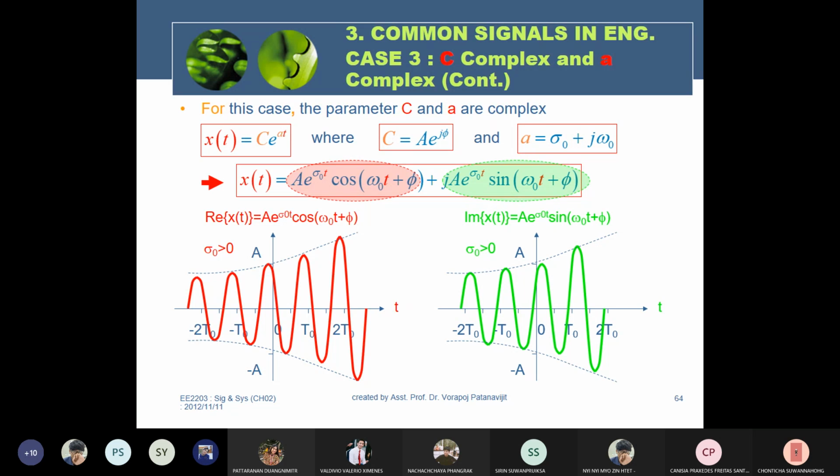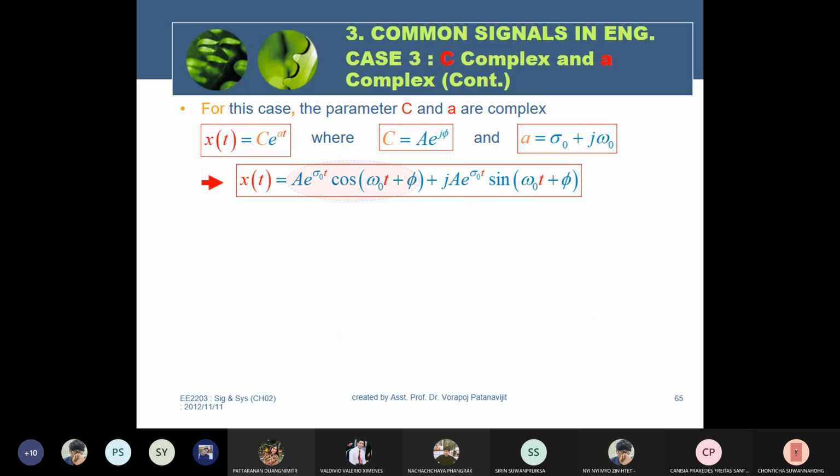And A e^(gamma t) gives you the amplitude scaling, but in this case it is not fixed. It will vary with time. When time increases, it increases too. But in this case, the signal is unstable, it oscillates and reaches infinity soon.